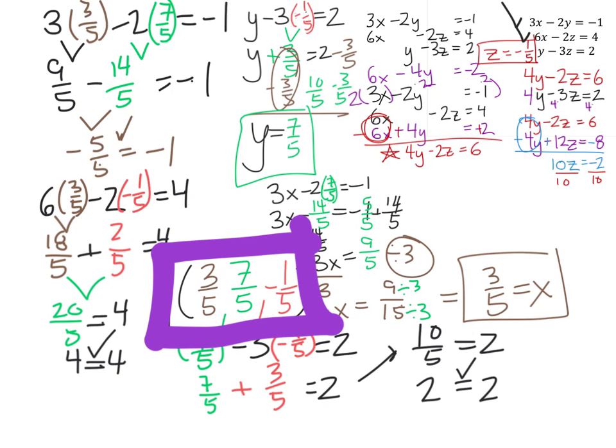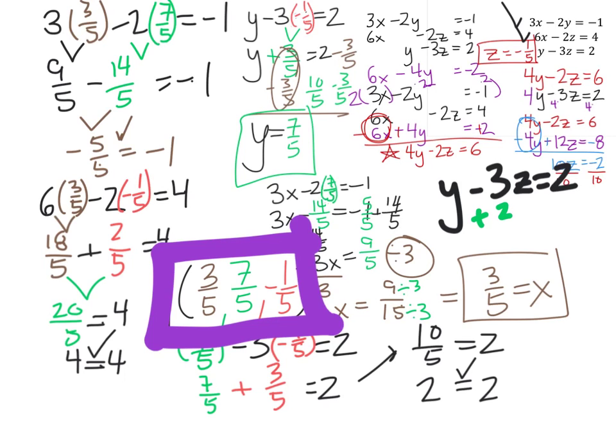There's one last thing I kind of want to go over with you guys, because notice in the beginning we found this equation here, right? There's another way you can do it. If you look at that third equation, y minus 3z equals 2, you could solve for y just by manipulating the equation, and that would allow you to use the method of substitution to find the x value using the first equation.